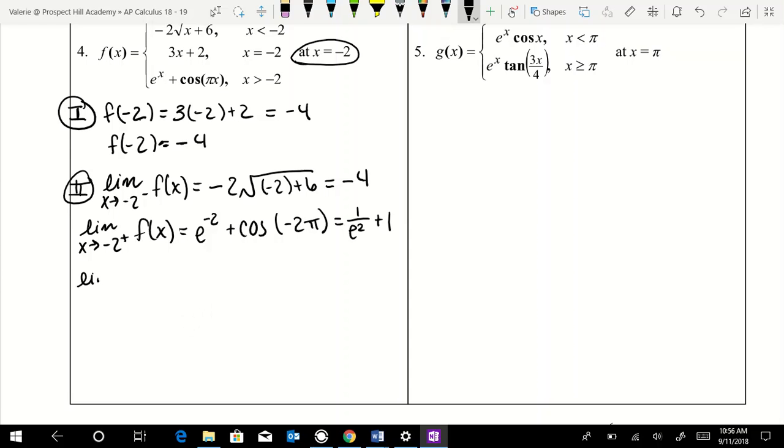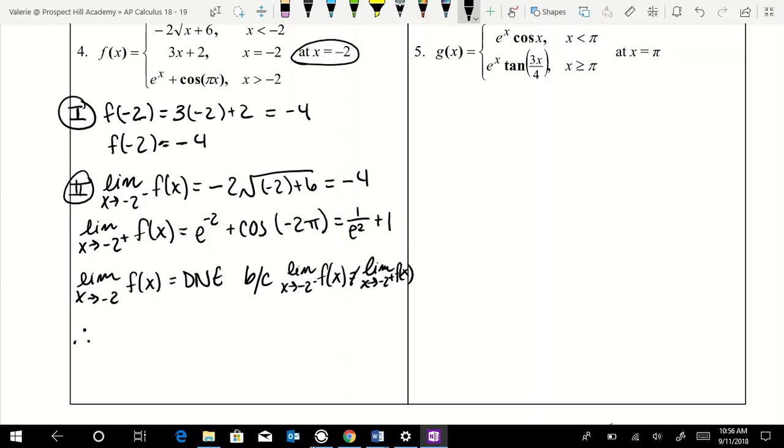So we can conclude that the limit as x approaches -2 of f of x does not exist, because the limit from the left is not equal to the limit from the right. Therefore, f of x is not continuous at x equals -2.